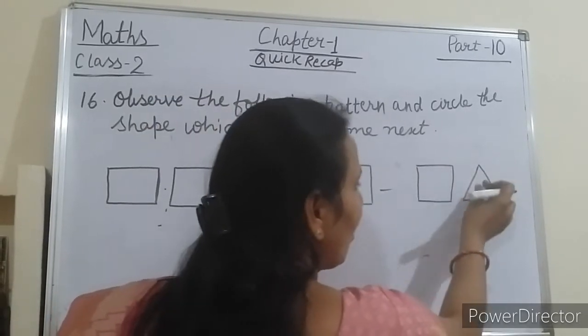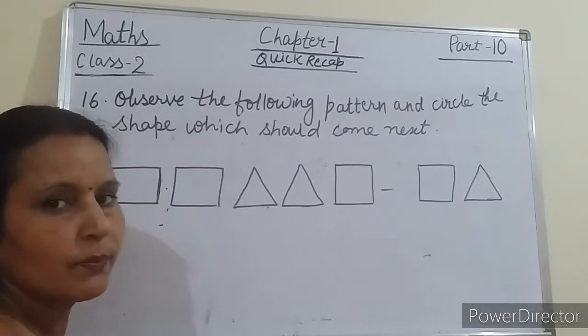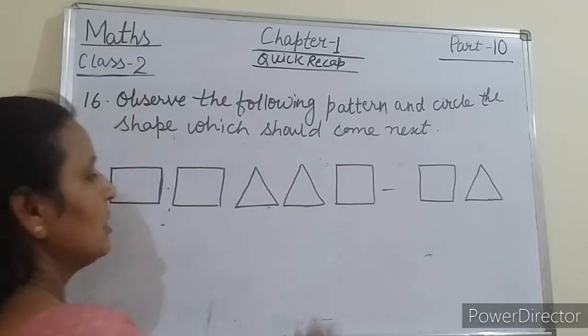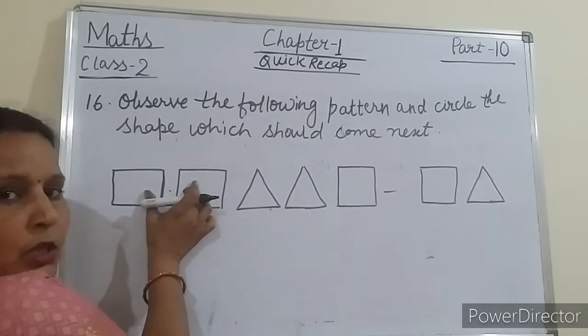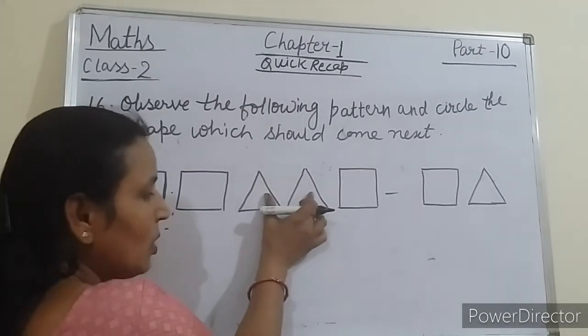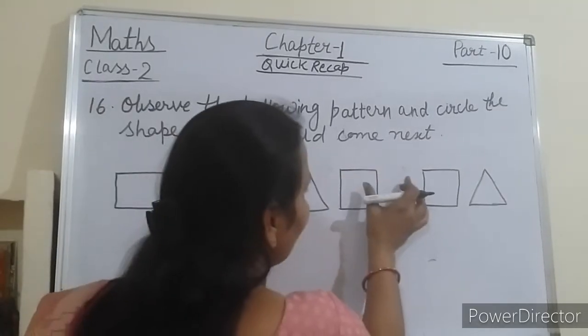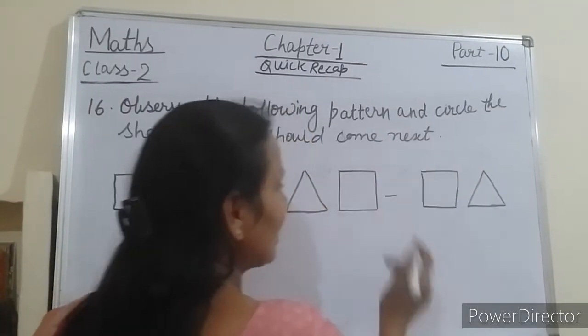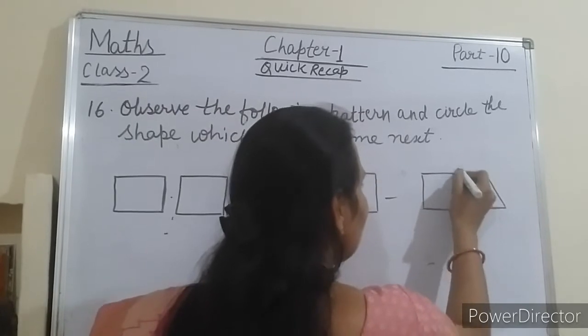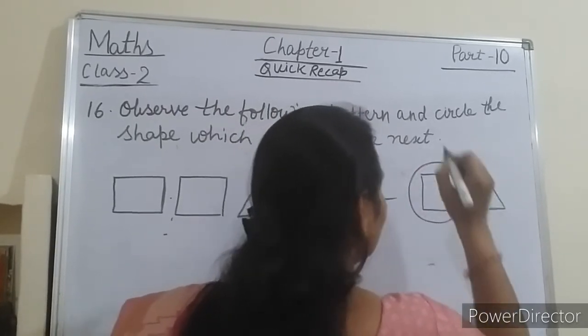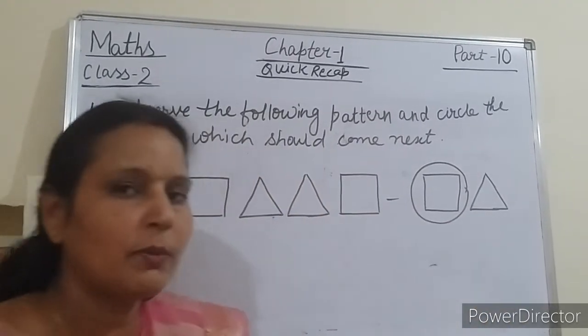Either square or triangle. Yes, very good. So here 2 squares, here 2 triangles. So here it will be 2 squares again. So we will circle this one. So students, any problem in this?